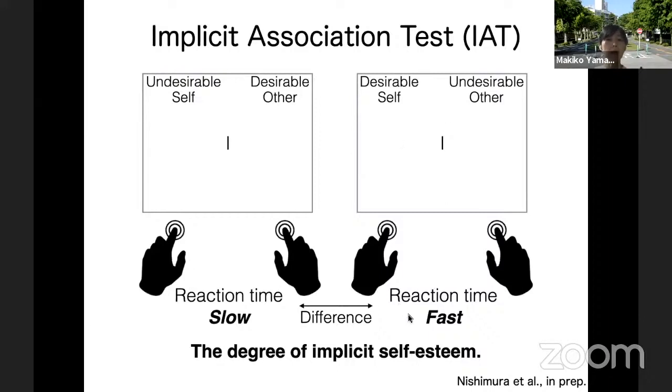Calculating how fast the subject reacted when desirable and self share the same side indicates the degree of implicit self-esteem.